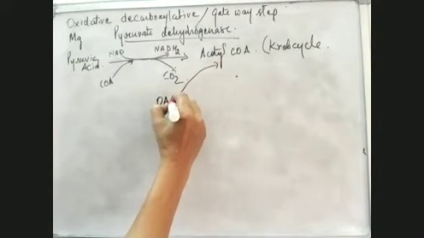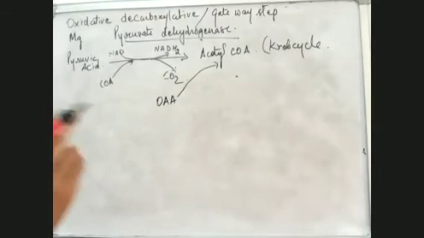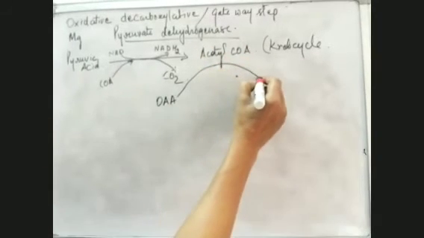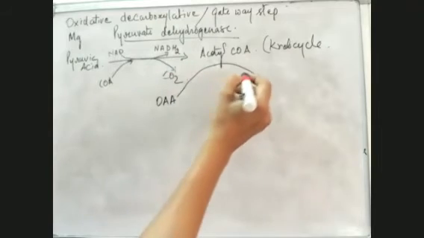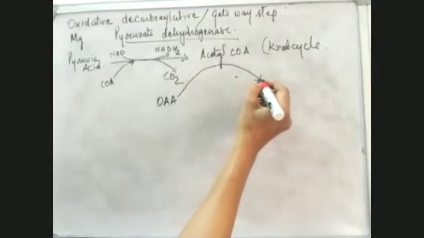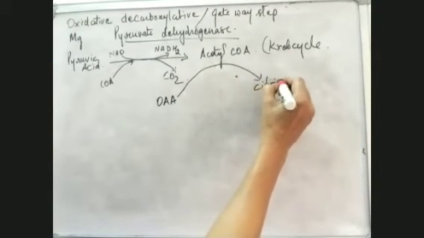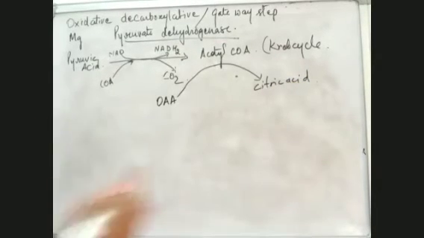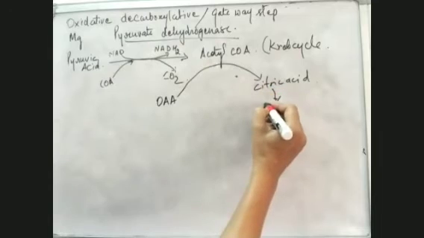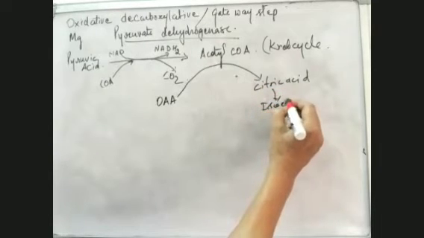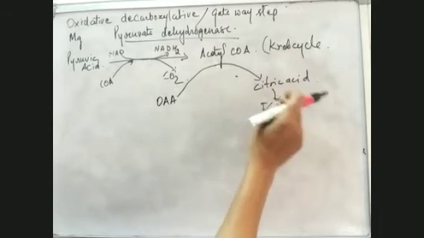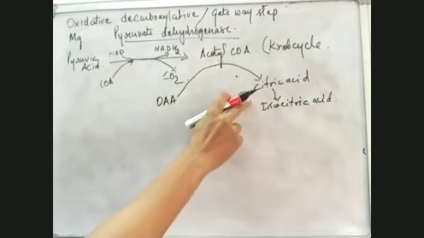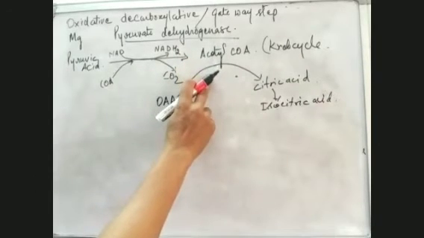So OAA receives it, and after receiving, in the presence of another enzyme, citrate synthetase, citric acid is formed. After the formation of citric acid, its isomer is formed, which is isocitric acid, and here isomerase enzyme is used. Here citrate synthetase is used.